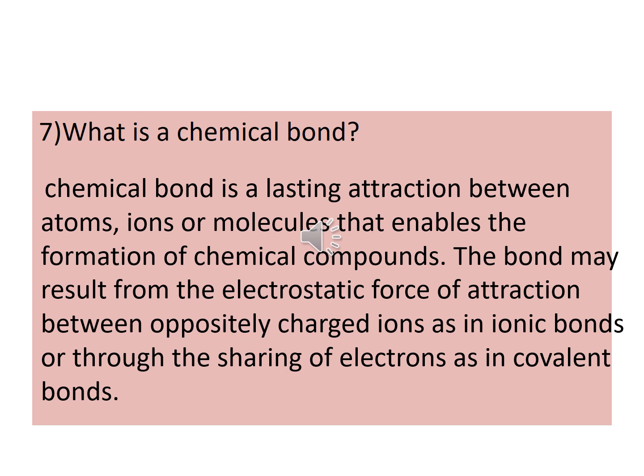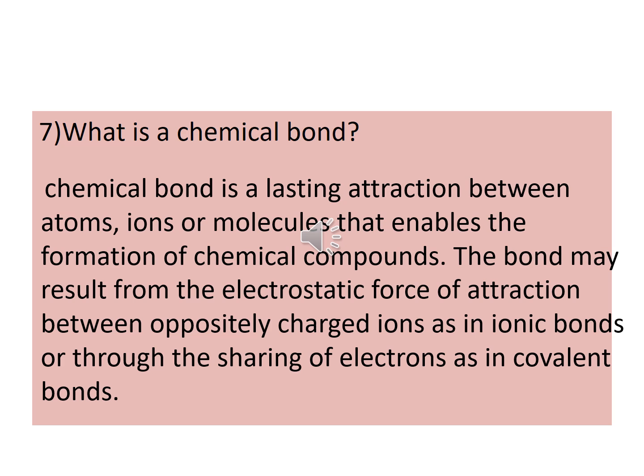What is a chemical bond? Chemical bond is a lasting attraction between atoms, ions or molecules that enables the formation of chemical compounds.